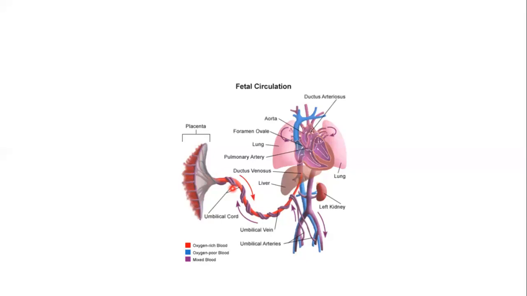What happens is this: when blood moves from the placenta via the umbilical vein to the fetus, the blood will first go to the liver.